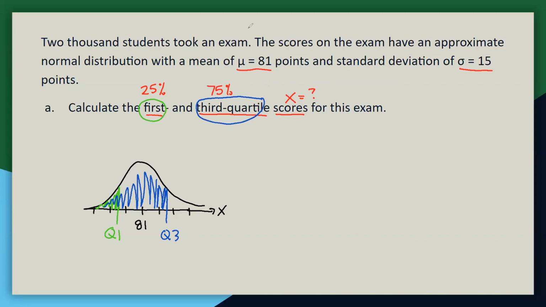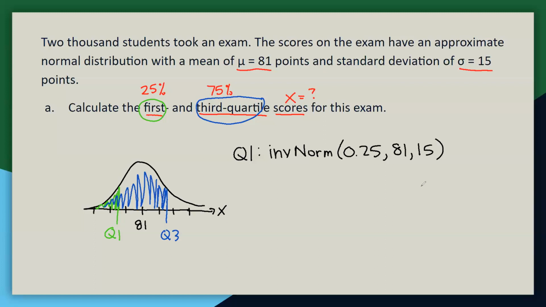What this means is we're going to need to do 2 inverse normal calculations, one for Q1 and the 25%, one for Q3 and the 75%. So for Q1, I'm going to do inverse norm. I've got a percentage of 0.25 with a mean of 81 and a standard deviation of 15.